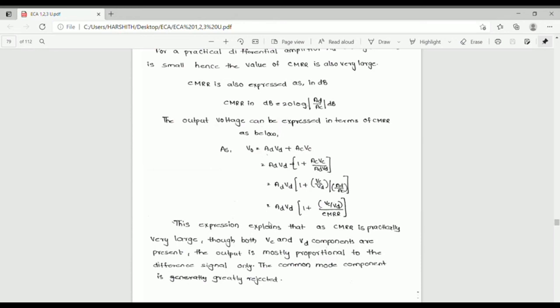And bootstrap and the effect of cascading on the bandwidth of multi-stage amplifiers. These questions are very important in the second unit. You must prepare.